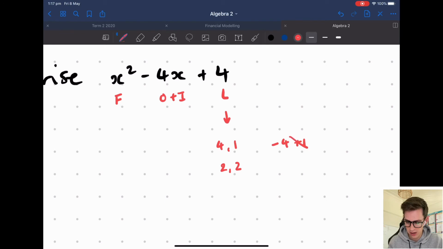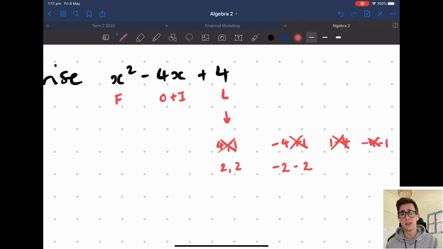If I had 1 minus 4, doesn't work. If I had -4 minus 1, it's -5. So I can't do it with 4 and 1. Can I do it with 2 and 2? Well, -4 is going to be -2, take away 2 more. So I can do it with 2 and 2. They just both have to be negative.